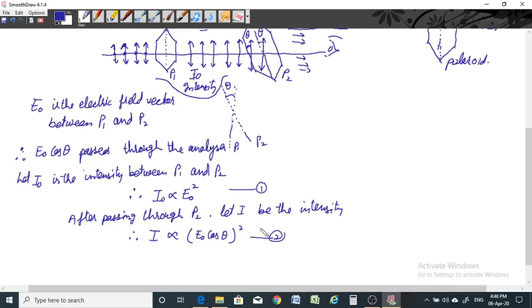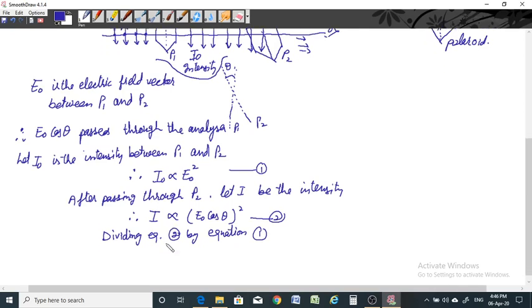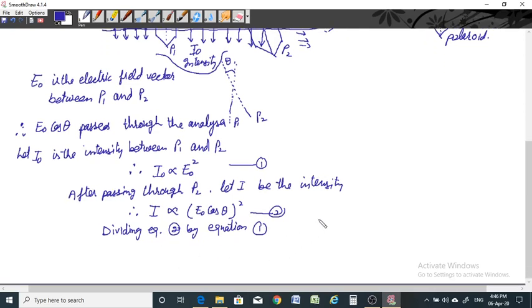Now dividing equation 2 by equation 1, I upon I naught will be equal to E naught cos theta whole square divided by E naught square.